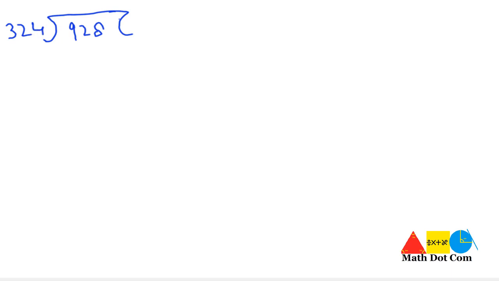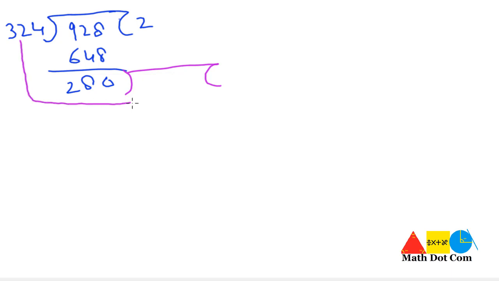First of all, 324 2s are 648. Here the remainder is 280. In this method, what you have to do is make this remainder a divisor, and the old divisor the dividend. It means 324 will come here. So 280 1s are 280. Here the remainder is 44.